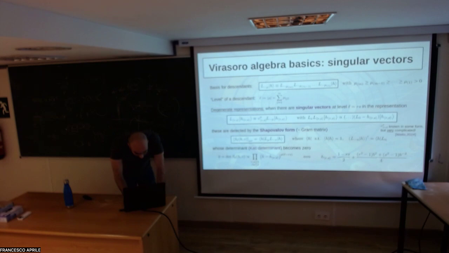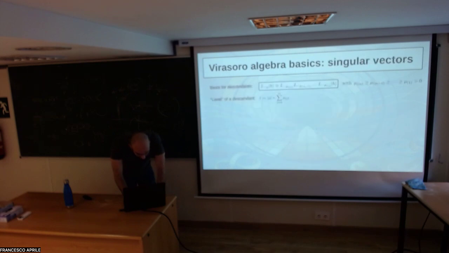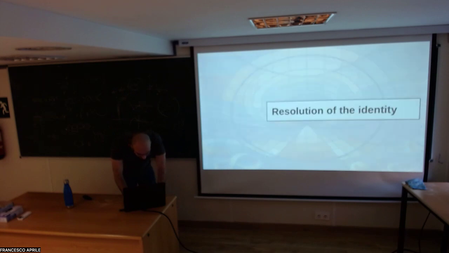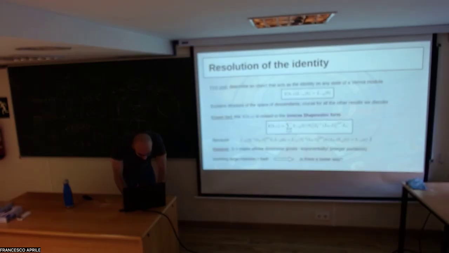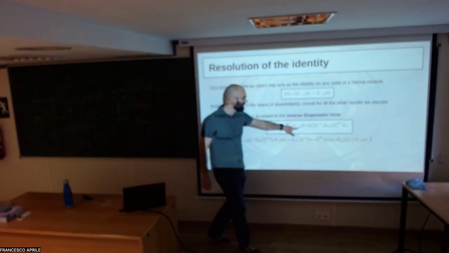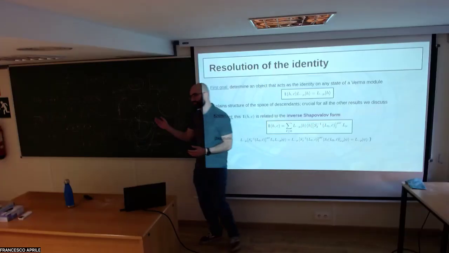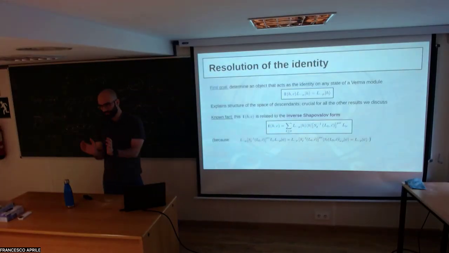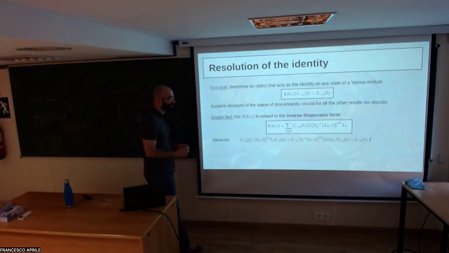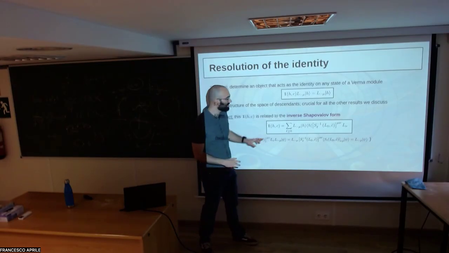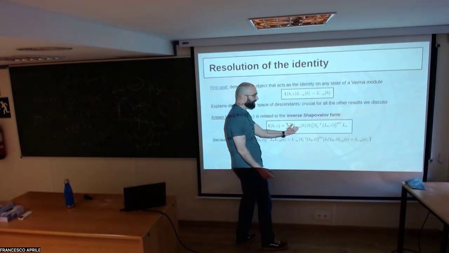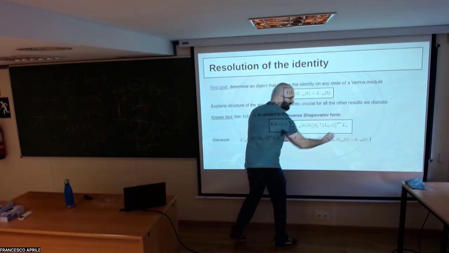Okay, I'm past that, but yeah, here each index runs over integer coefficients, so it runs over Young diagrams. And in principle, the resolution of the identities is organized in terms of Young diagrams.